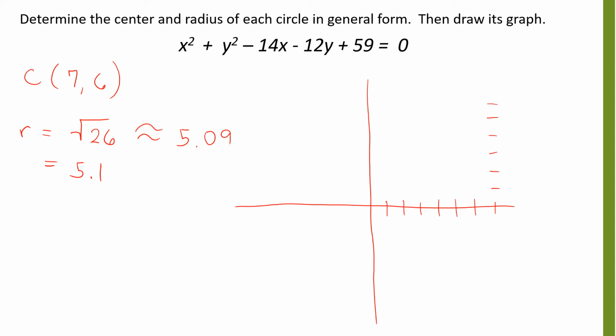And then since our radius is 5.1, we can move 1, then 2, then 3, 4, 5 point something to the right. Then connect the points. For this will serve as your radius 5.1. And then using your compass, draw a circle.